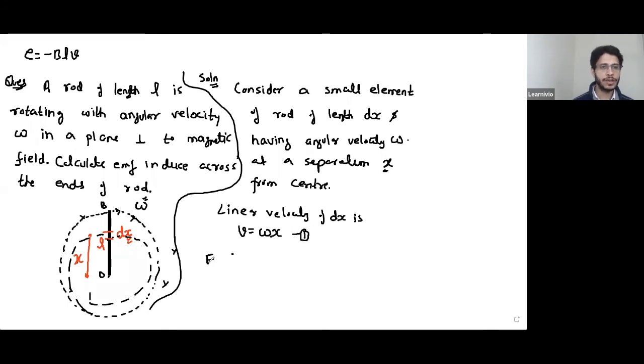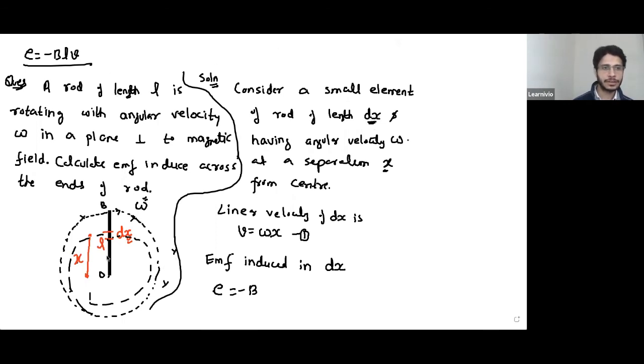So EMF induced in dx is minus BLV. But you won't use x. You will use the length of the element. The length of the element is not x. The length of the element is dx.